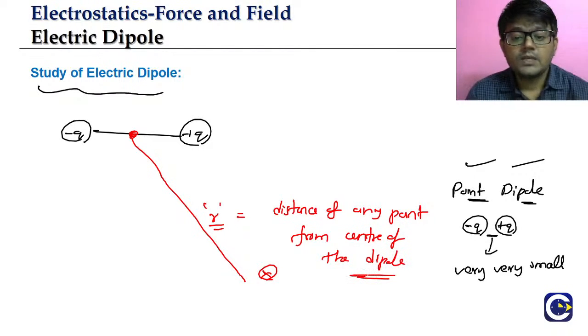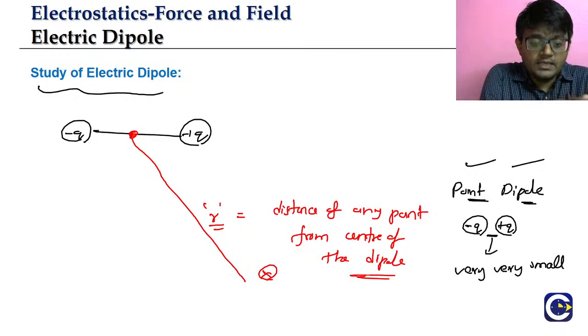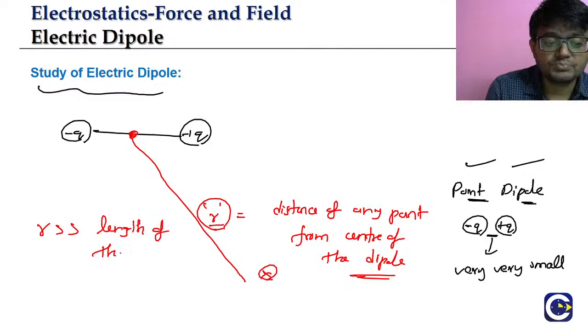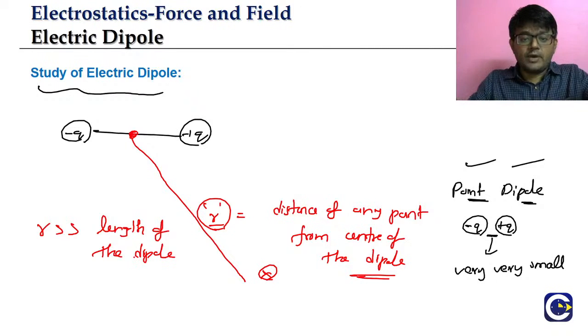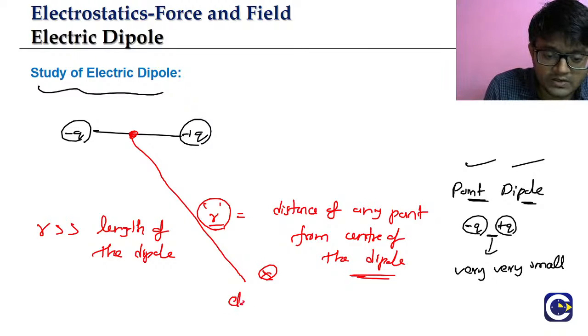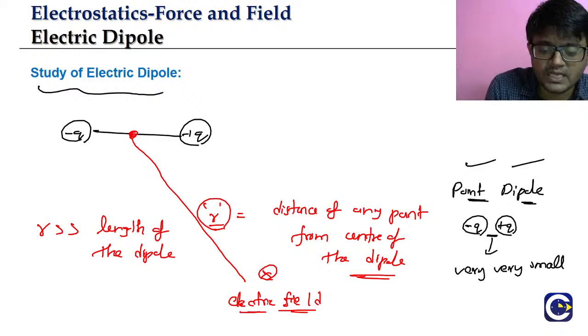Okay? So now, generally when we mark locations, suppose this R value is much higher than the length of the dipole. So we have a dipole and we are marking some points and measuring the distance to that particular point. Maybe we want to find the electric field here, because of the dipole.